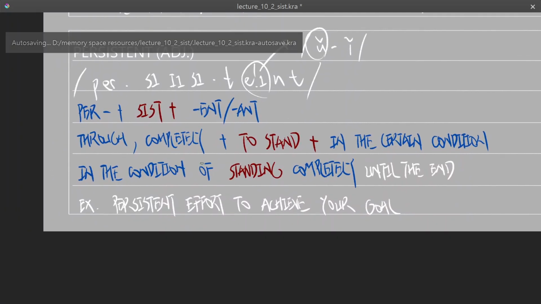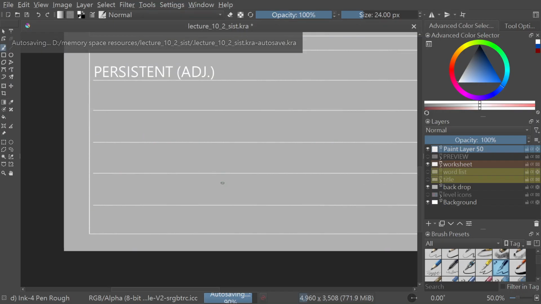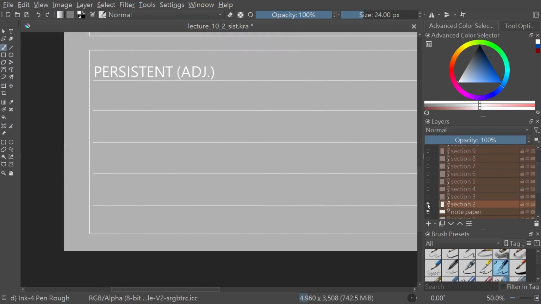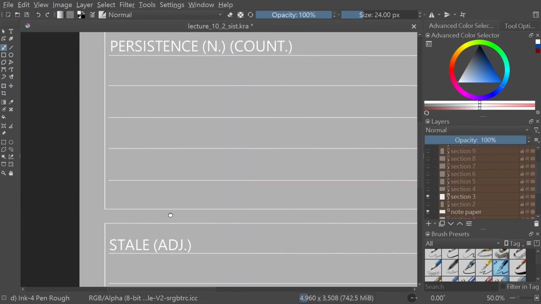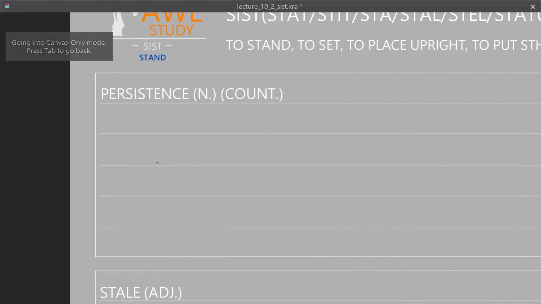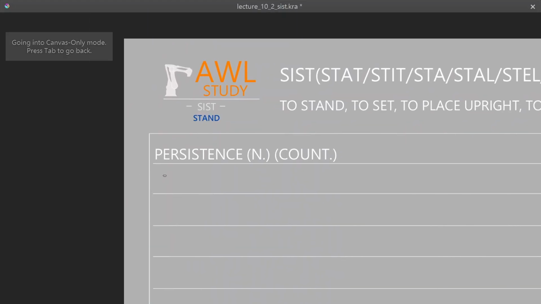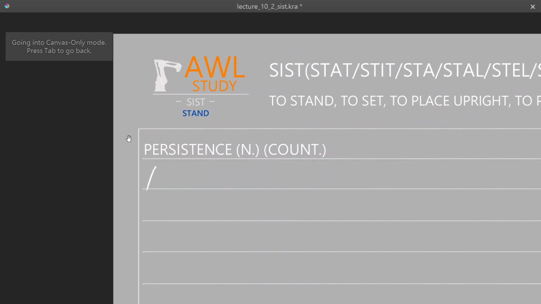All right, next we have persistence. It is the noun form of persist.